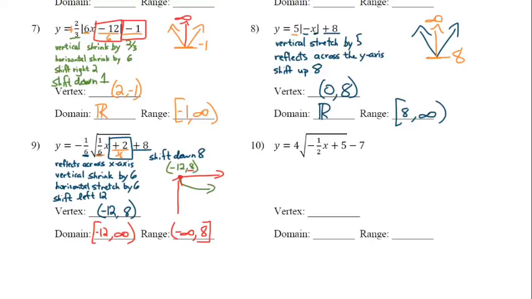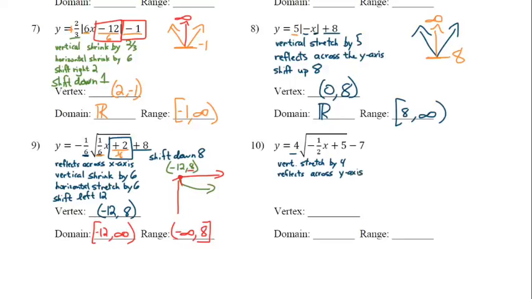Last but not least, number 10. Okay? Do this one real quick. 4 on the outside, that's vertical. So that's a vertical stretch by 4. We got a negative on the inside, so that reflects across the y-axis.